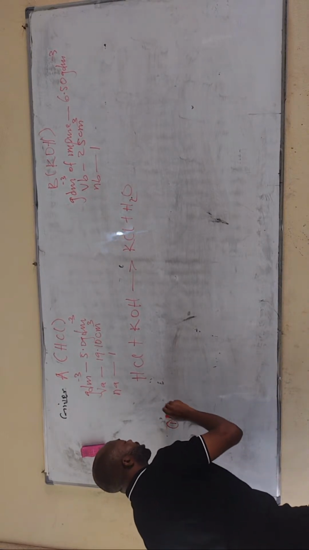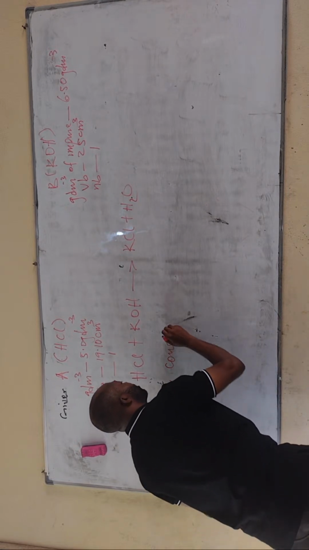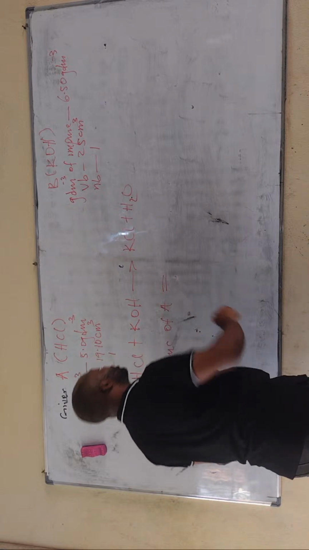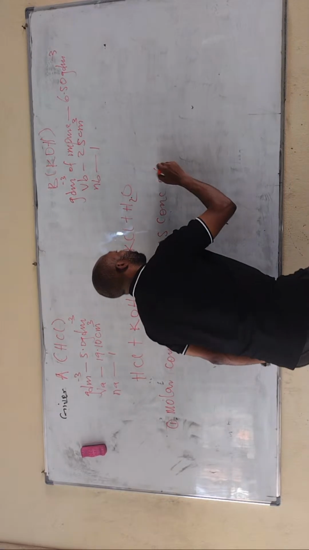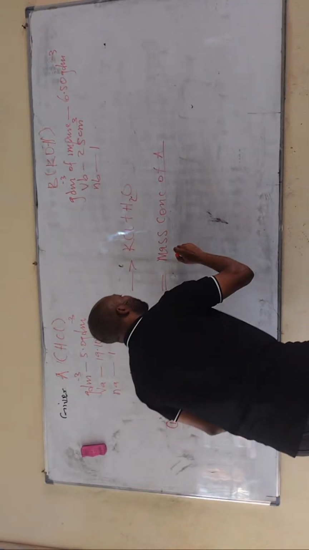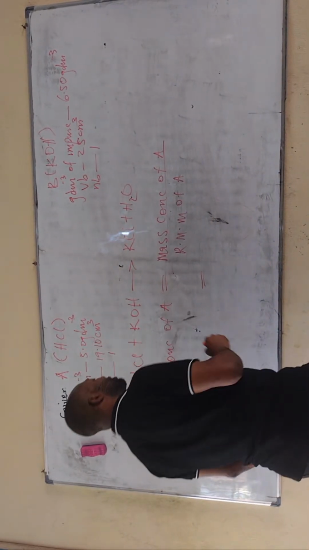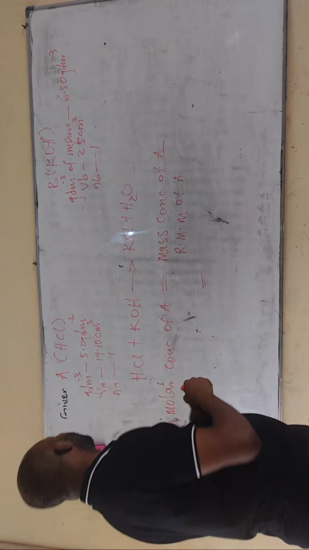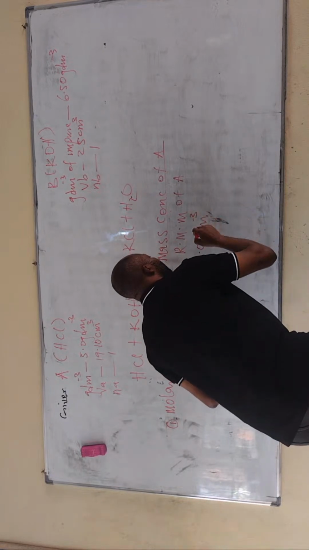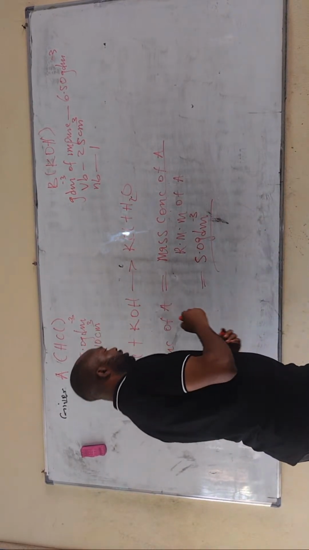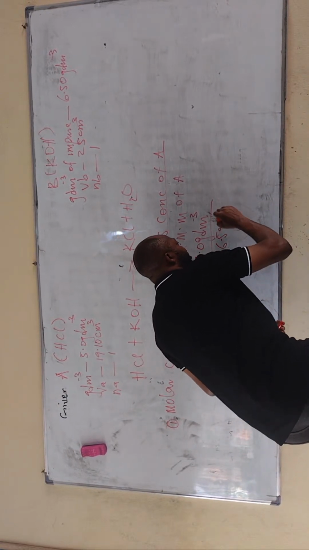The molar concentration of A can be gotten using the formula mass concentration of A over relative molecular mass of A. The mass concentration of A is given to be 5.0 g/dm3. The relative molecular mass is 36.5 g/mol.